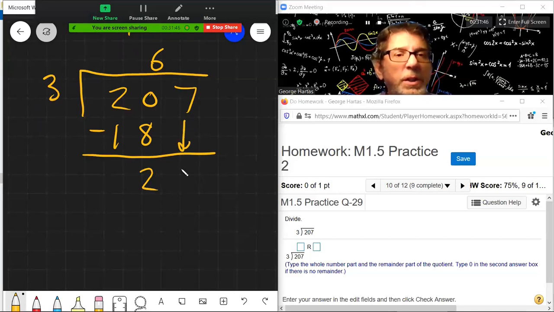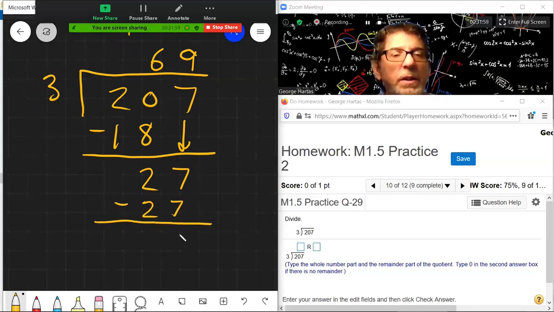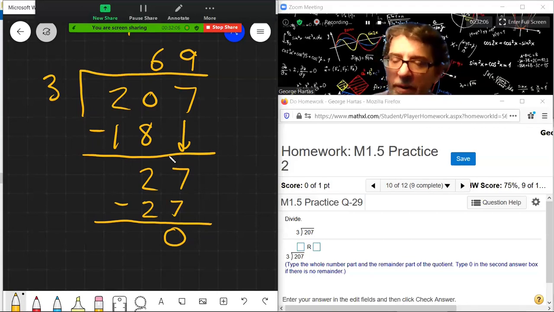Bring down the next digit. 3 divides into 27 9 times. 9 times 3 is 27. Subtract. Remainder is 0. Done. No more numbers to bring down. We're done.